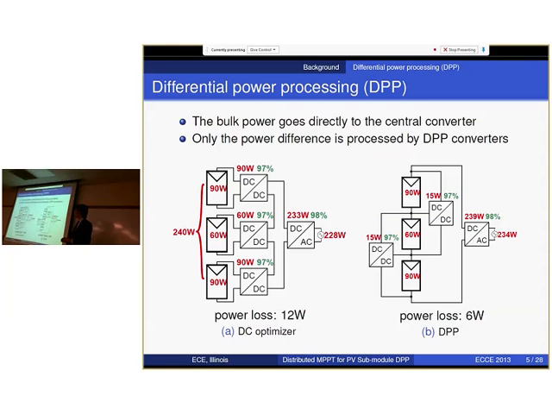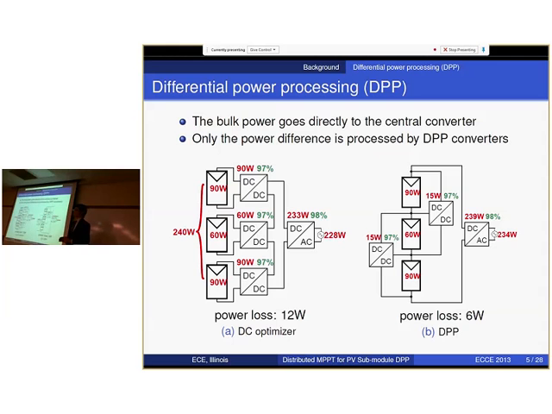The problem of the DC optimizer system is that the whole power generated by each PV module has to be fully processed by this DC to DC stage before it comes to the central inverter. So even if you have a highly efficient DC to DC converter, because you are processing more power, the overall power losses can still be significant.